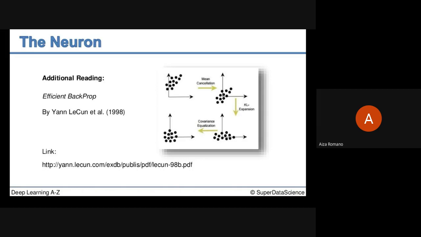You'll see that this is definitely a person who knows what he's talking about. He's a close friend of Geoffrey Hinton, who we've already mentioned in the previous lecture. So in this paper, you will learn more about standardization and normalization.